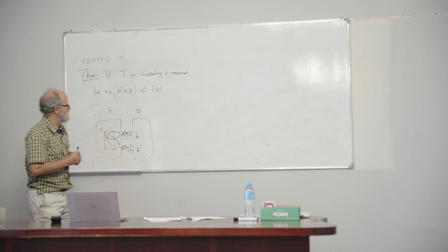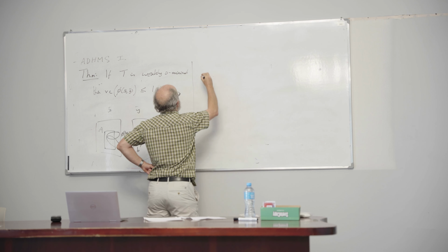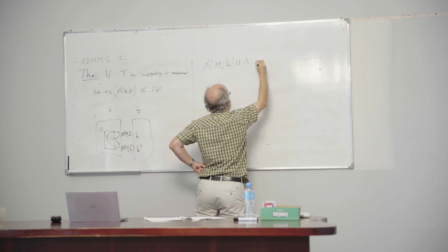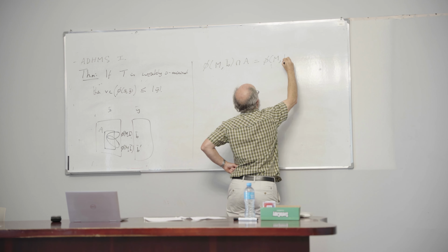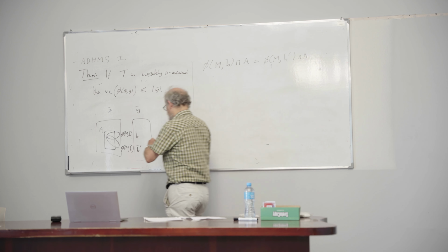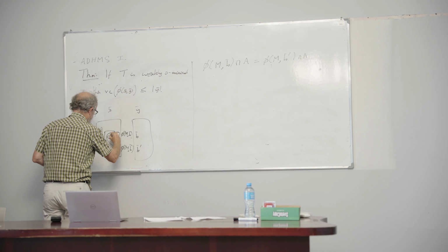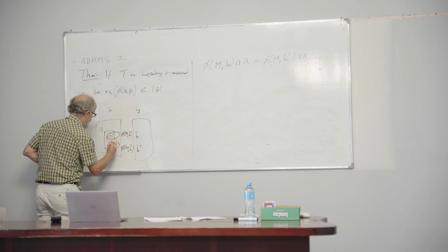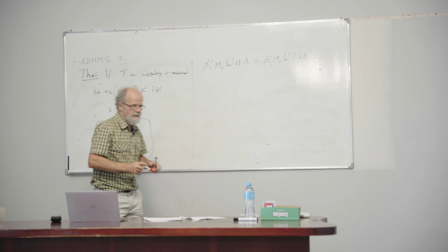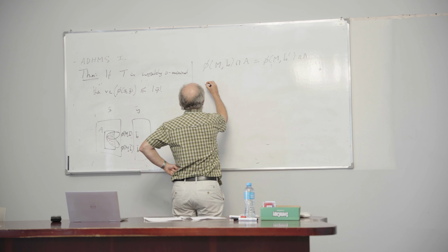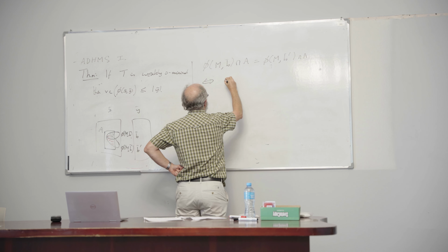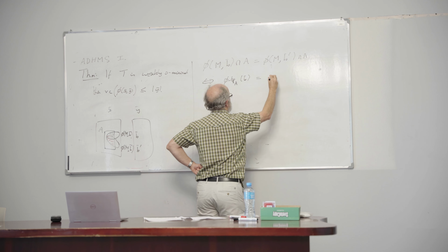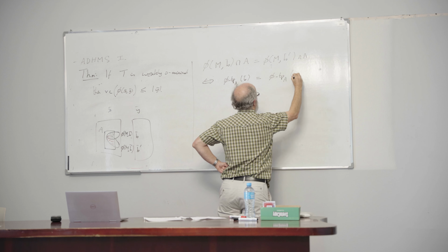The thing to note is that phi(M, b bar) intersect A equals phi(M, b bar primed) intersect A, in other words, the two sets are the same on A, if and only if the phi-type over A of b bar equals the phi-type over A of b bar primed.